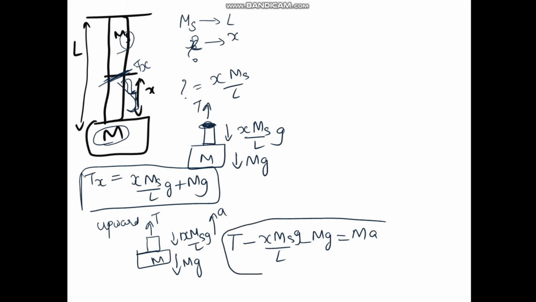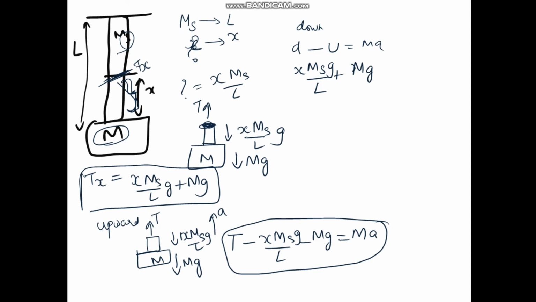This is the upward acceleration case. If it is moving downwards, then downward force minus upward force is equal to ma. The downward force is the gravitational force of the rope plus the gravitational force due to the block, minus the upward force, which is tension, equal to ma. This is the equation for downward motion. So for upward motion, upward minus downward force; for downward motion, downward minus upward force is equal to ma.